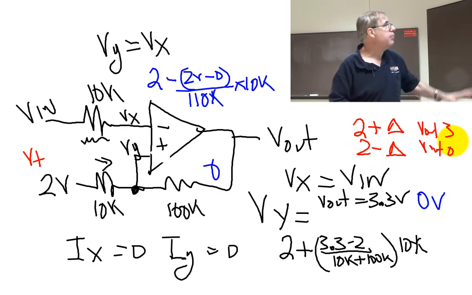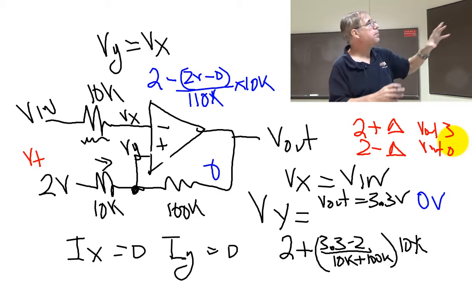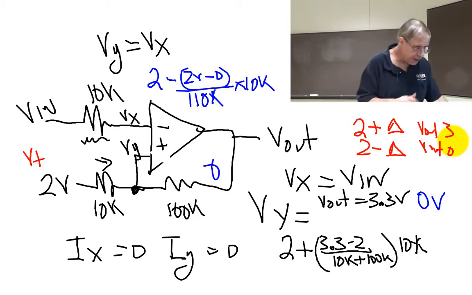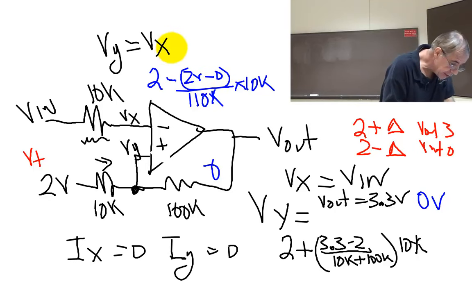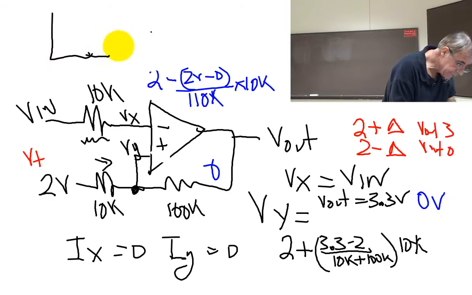If I were to remove the resistors altogether, this behavior does what? What is the overall behavior of this system? What is the input-output relationship?